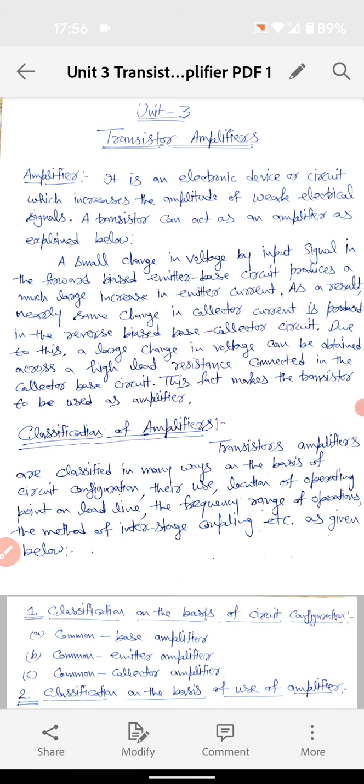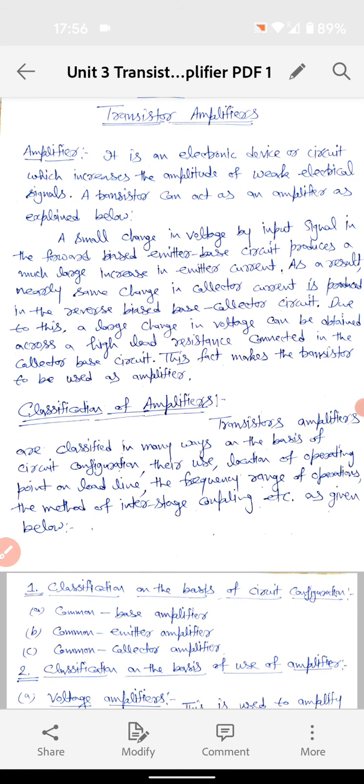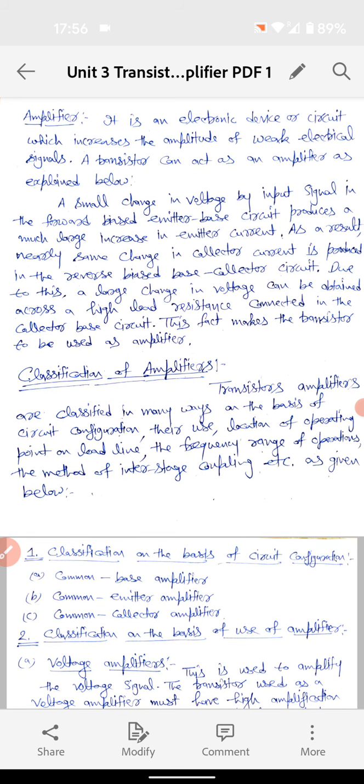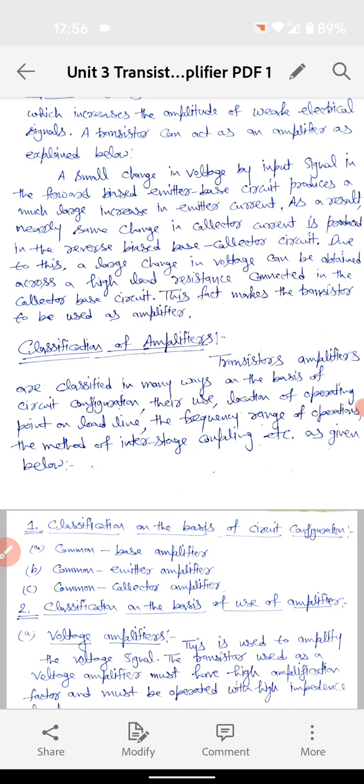The circuit is the emitter bias circuit, and it is forward bias, so the small change in the voltage in the input signal will produce a large increase in the emitter current, and as a result nearly the same change in collector current is produced, because emitter and collector current are almost the same. So the same change in collector current is produced in the reverse bias collector voltage circuit. Due to this, a large change in voltage can be obtained across a high load resistance connected in the collector base circuit, and this fact makes the transistor usable as an amplifier.